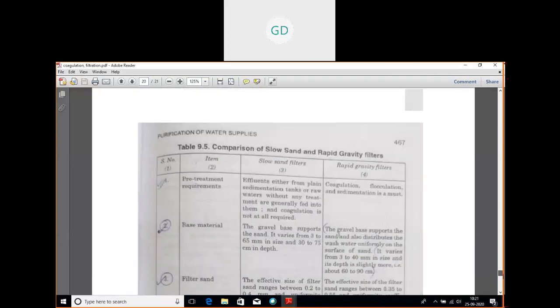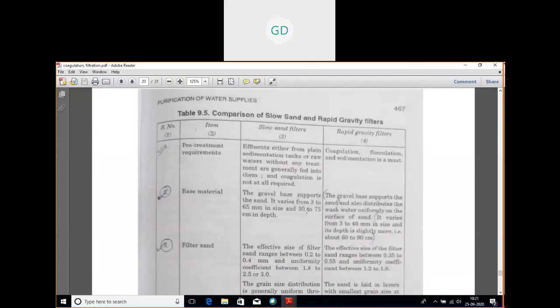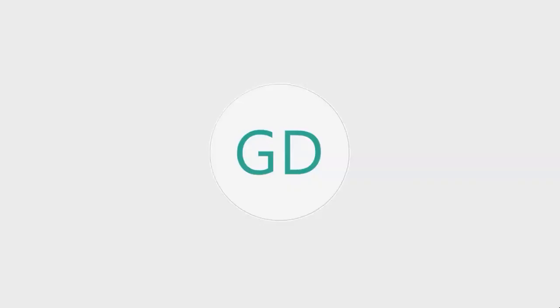These differences are very easy. I don't think I need to go through each and every line. Like for base material, the gravel base supports the sand. It varies from 3 to 65 millimeter in size and 30 to 75 centimeter in depth.